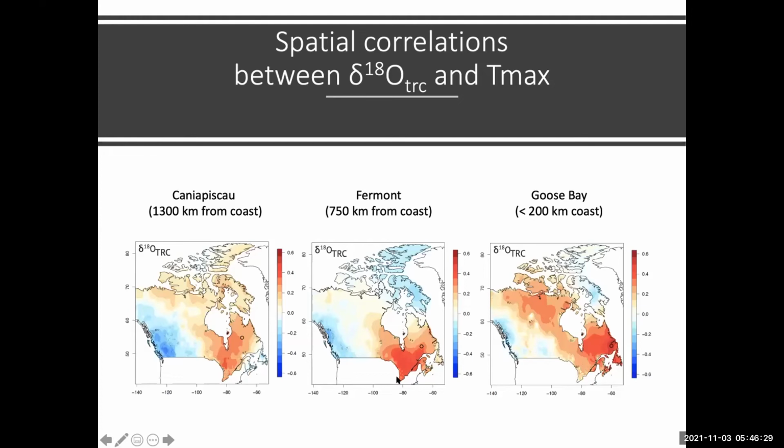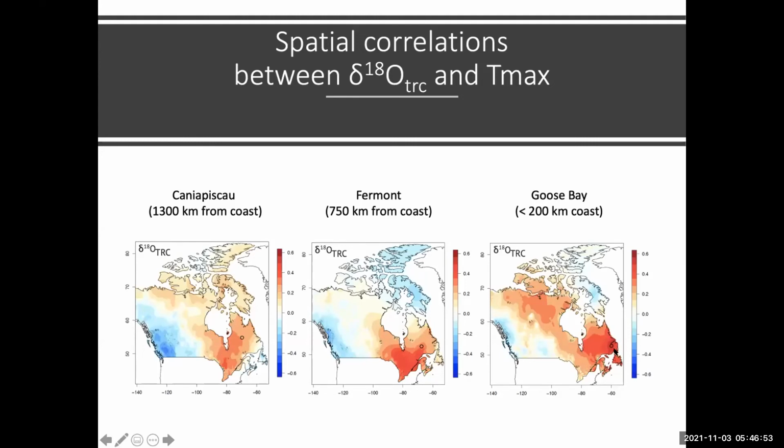You really get a connection, and this is only for Canada, but we could extrapolate this to the US, but it's really connected to air masses coming from the southwest and coming up to Fairmount. Okay, while in the east, you see the red really gets redder as we get close to the coast.